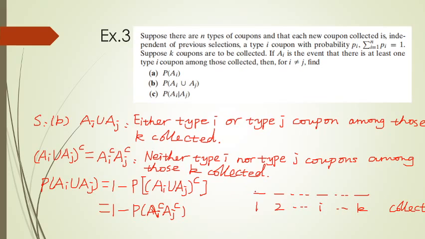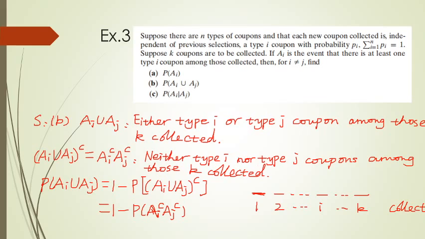Then for the first one, we are going to choose the other n-2 coupons, except the type I and type J, right? So what is the probability you choose the other n-2? You can write P1 plus P2 plus Pi minus 1 plus Pi plus 1.